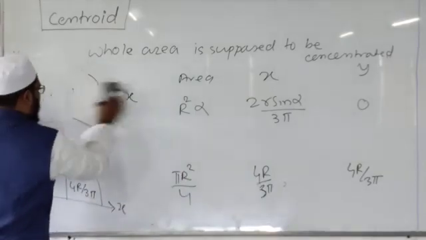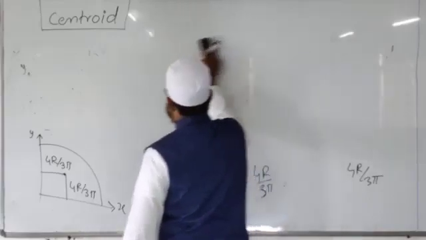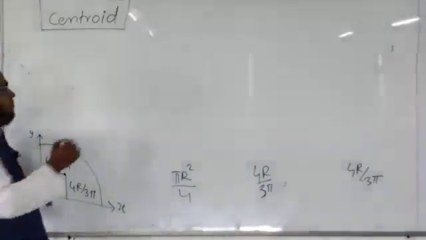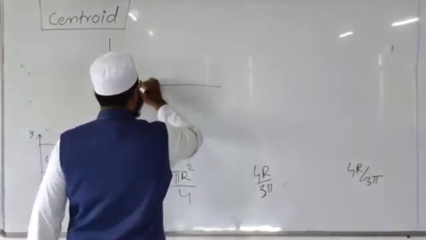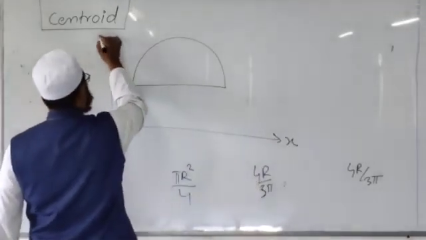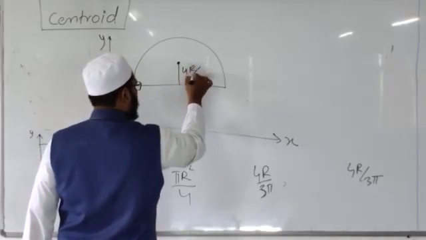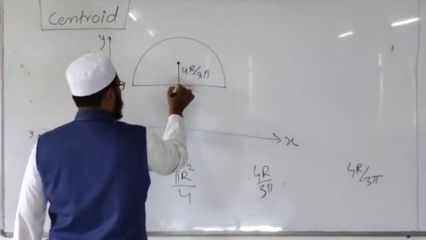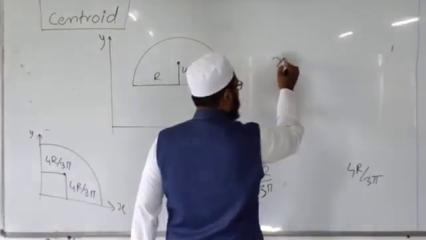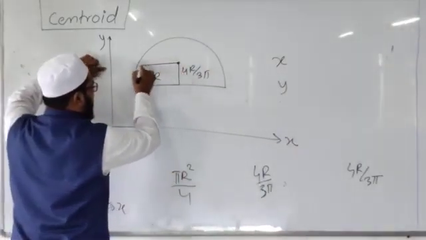Whenever the reference axis of the figure changes, ultimately the x coordinate and y coordinate of the centroid will definitely change. For example, very simple. Assume that it is a semicircle. It is the x axis, it is the y axis. We know that in a semicircle the centroid is at a distance of 4r by 3 pi from the diameter, and this distance is r. If x and y coordinates are required, then x is the distance measured from the y axis, so I will measure this distance.